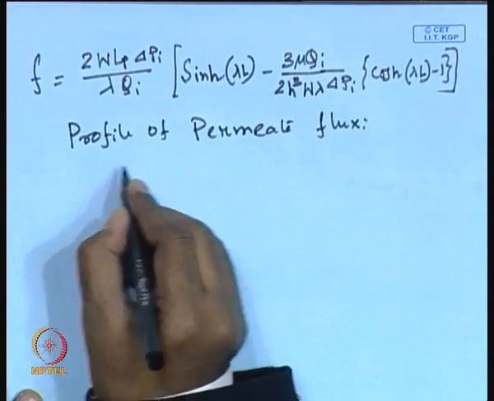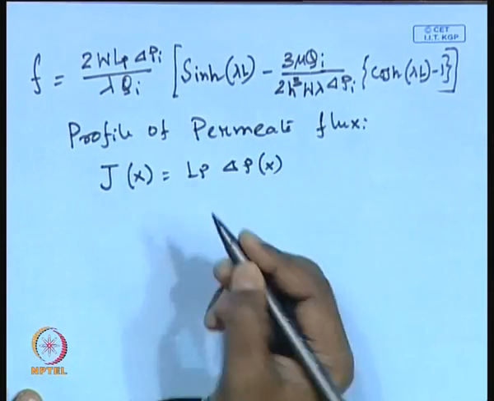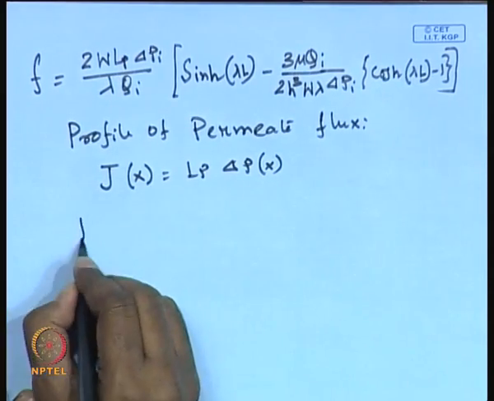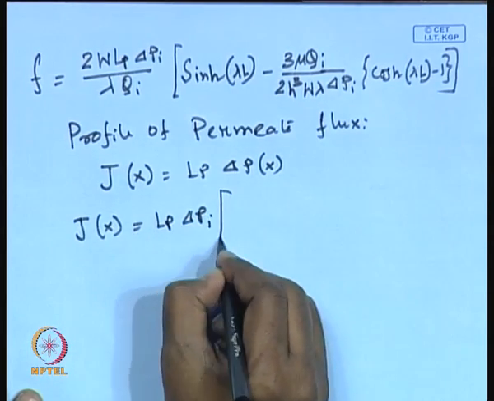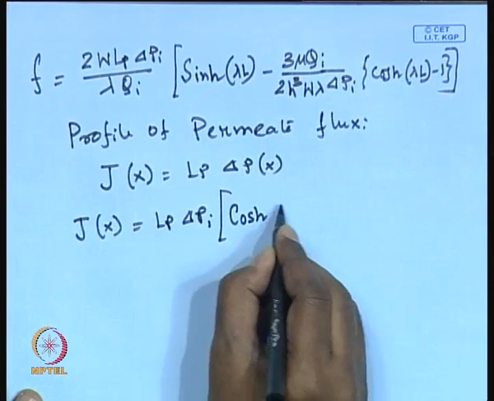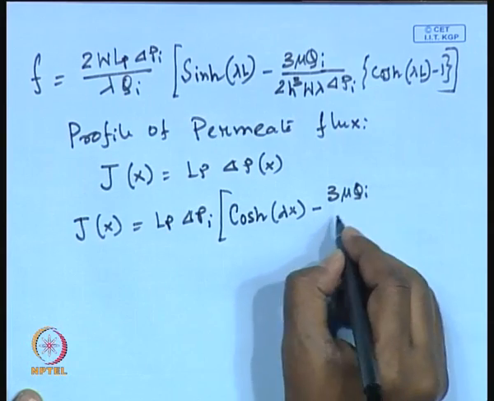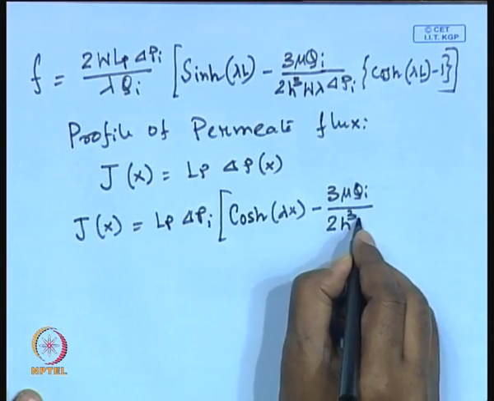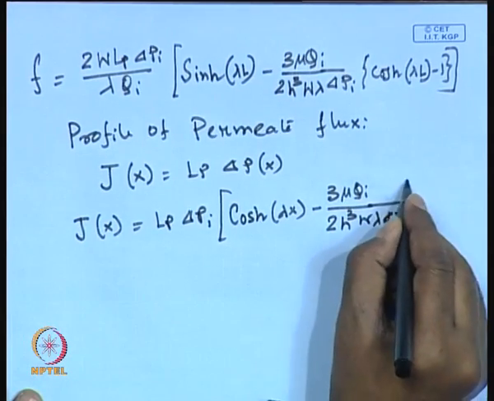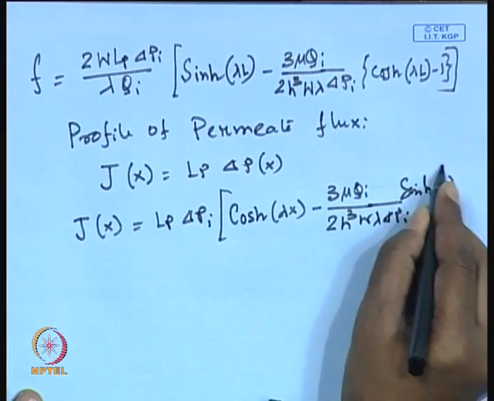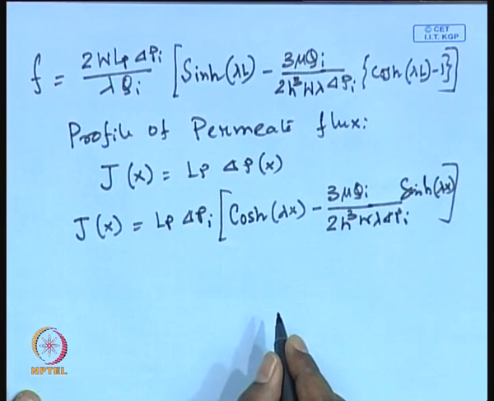The permeate flux profile becomes, because you have J as a function of Lp times delta P, where delta P is a function of x, Lp delta Pi cosh(lambda x) minus 3 mu Qi divided by 2 h cube W lambda L lambda delta Pi times sinh(lambda x).